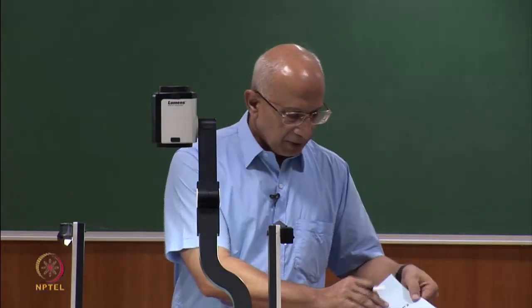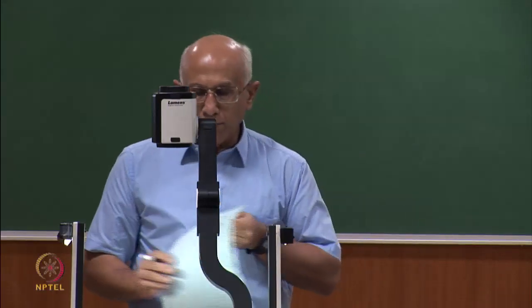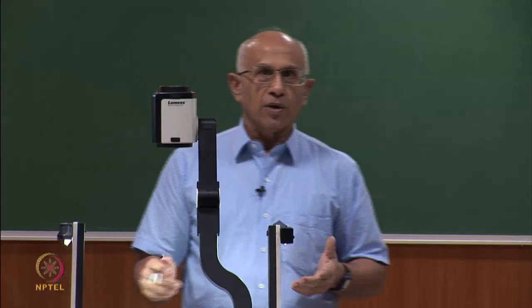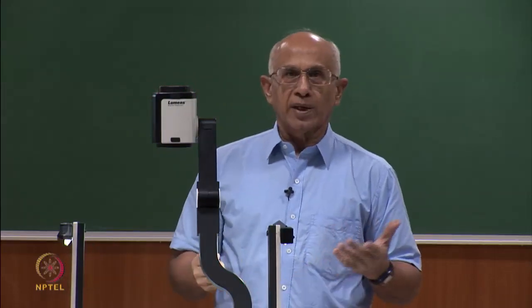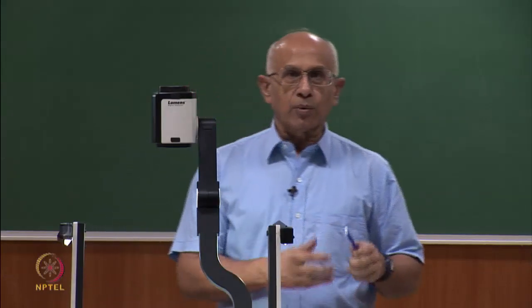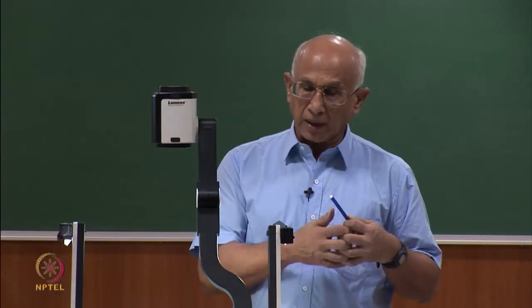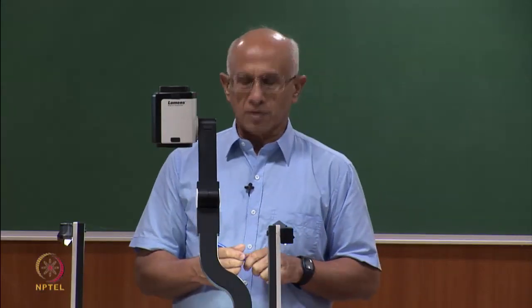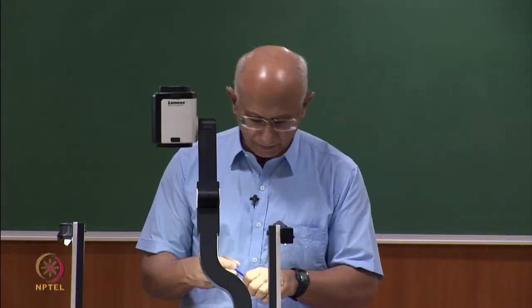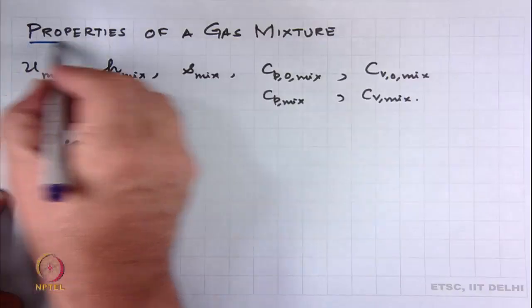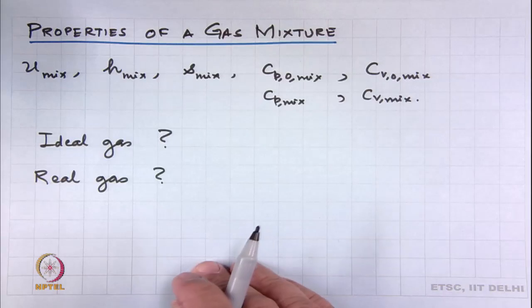The next question we ask is that to solve a problem, we need internal energy, specific enthalpy, and specific entropy. How do we get those properties? Now that we have an equation of state for us with the compressibility factor put in, we can get all the other relations in a straightforward manner. So, here is what we will now look at: properties of a gas mixture.